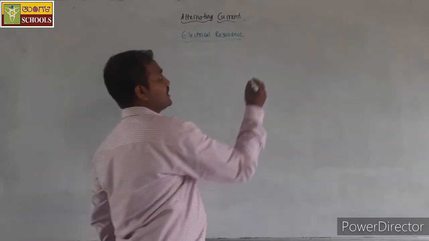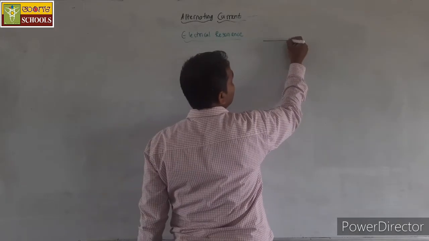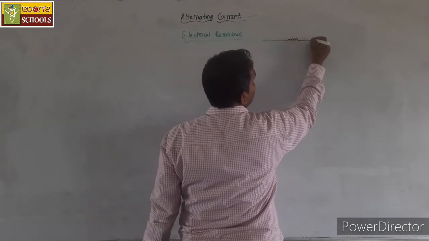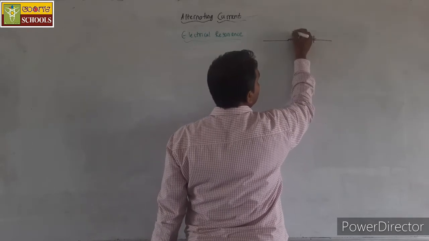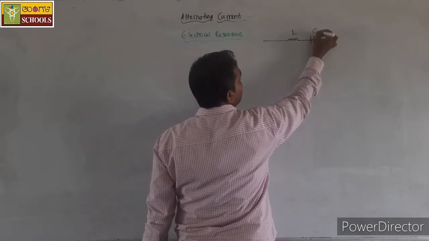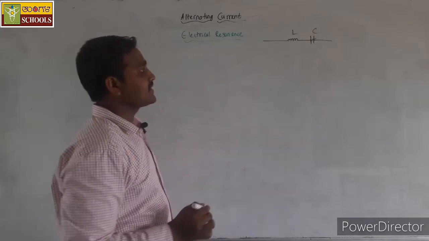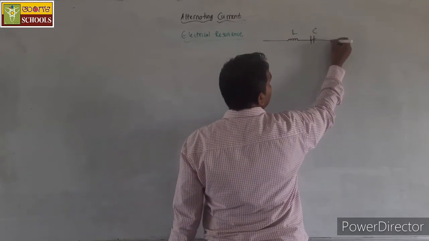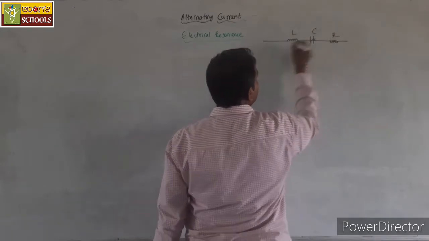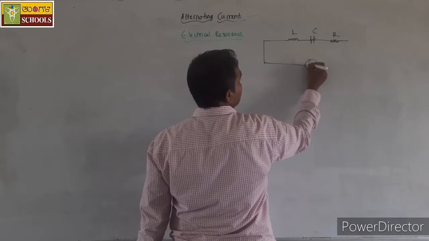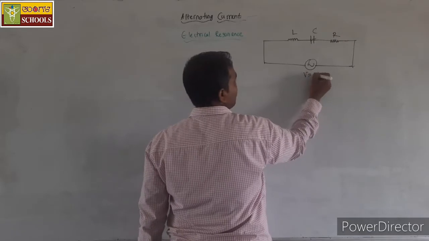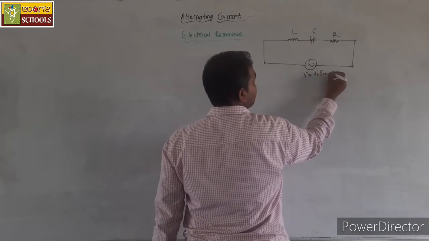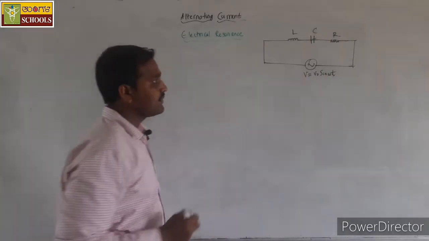Okay, let us consider an LCR circuit which contains an inductor of inductance L, a capacitor of capacitance C, and a resistor of resistance R connected across the alternating voltage source V is equal to V0 sin omega t.